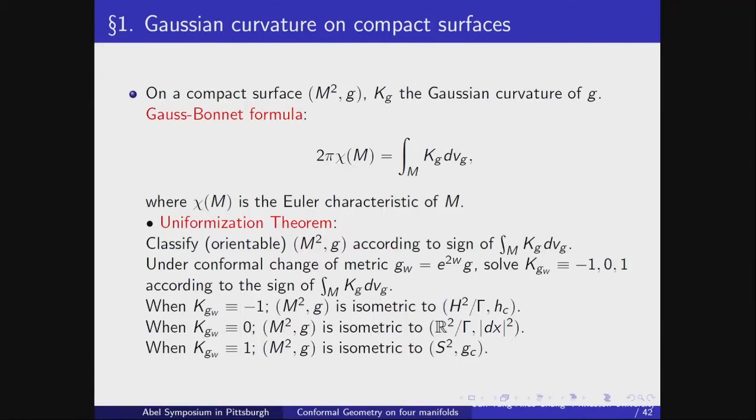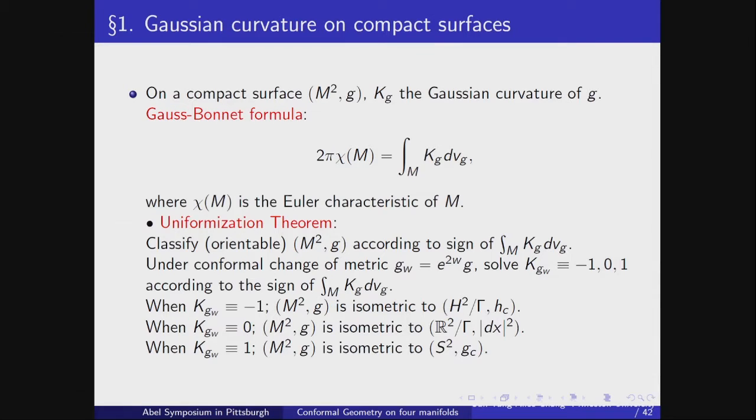So let me start with a quick review of what happened on compact surfaces. On compact surfaces, think about the sphere, two spheres. And the Gaussian curvature is the quantity, and the most important formula is something called the Gauss-Bonnet formula. So it's 2 pi times Euler characteristic equal to the integration of Gaussian curvature, something we all learned in college.